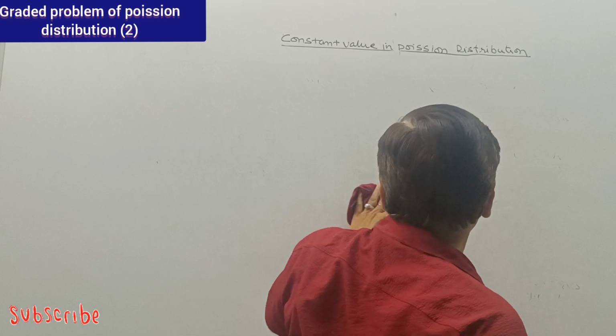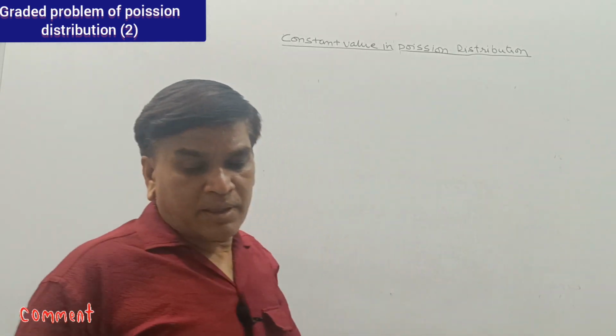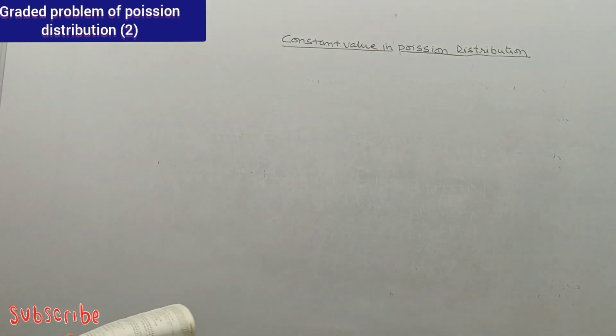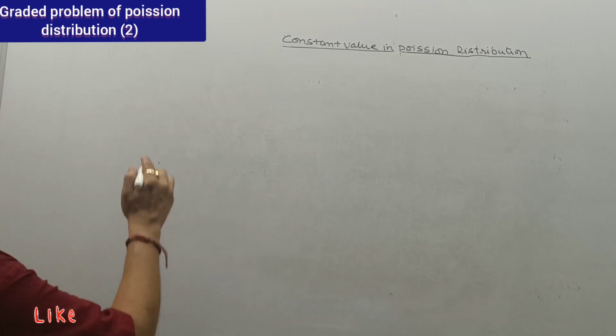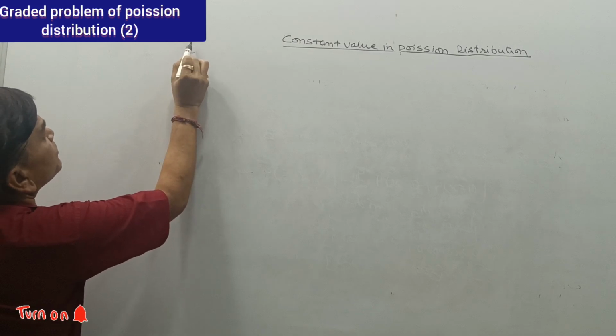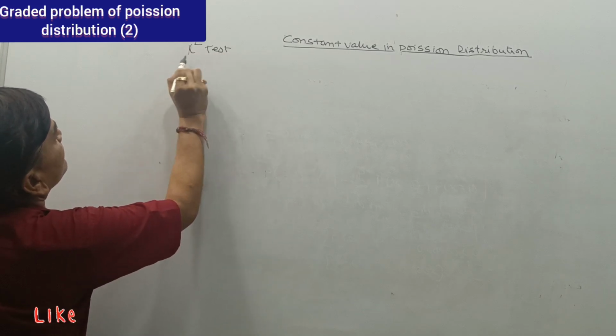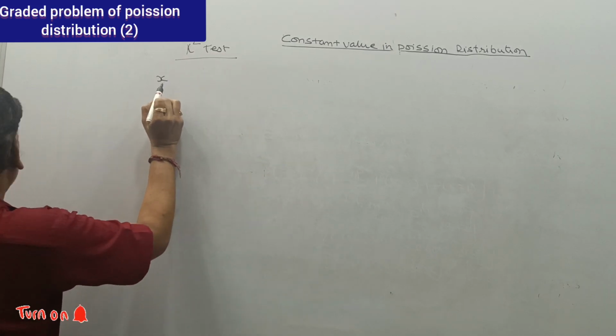One more style of question on the Poisson distribution is for the chi-square test in a Poisson distribution.